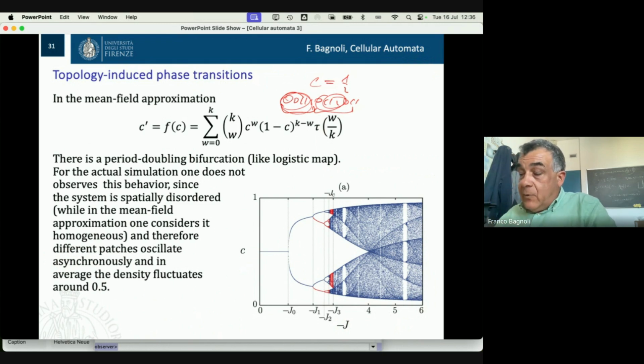So everyone can fluctuate, and the total sum of this fluctuation gives you an intermediate value of C.